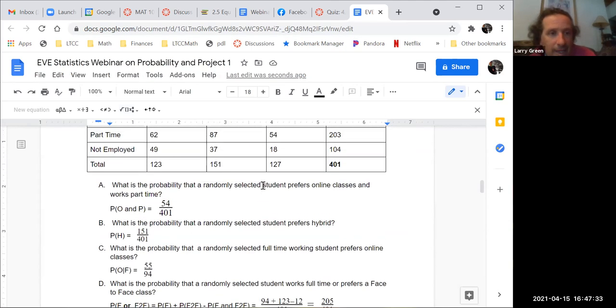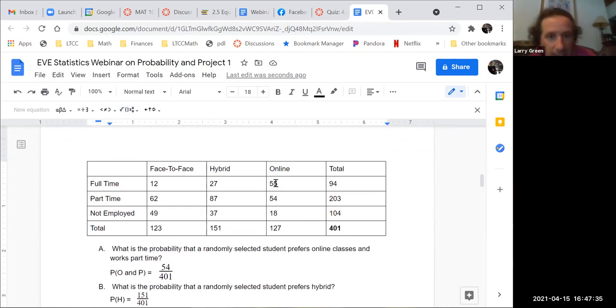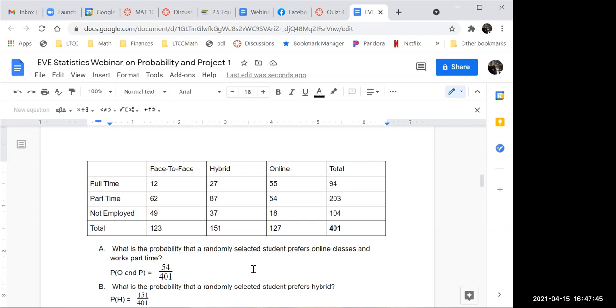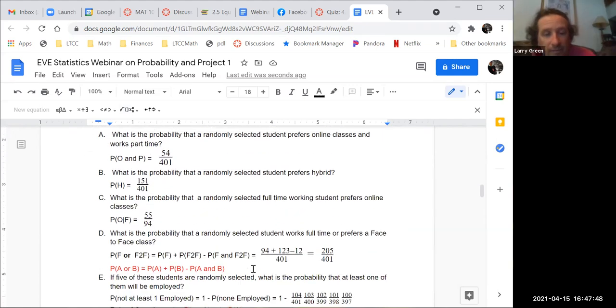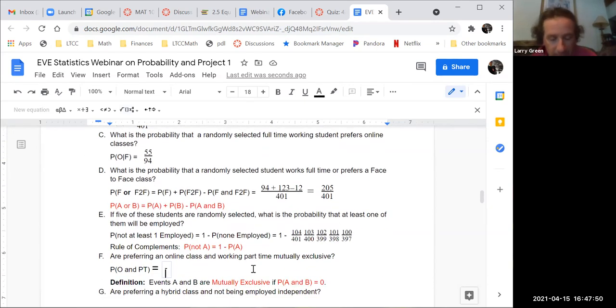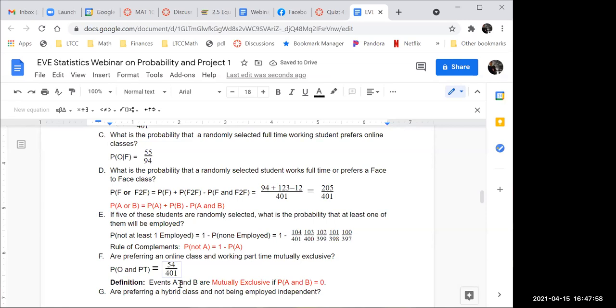So probability of liking online and working part-time. What is that probability? 54 over 401. Yep, 54 over 401. Is that equal to 0? No, that's definitely not 0, right?